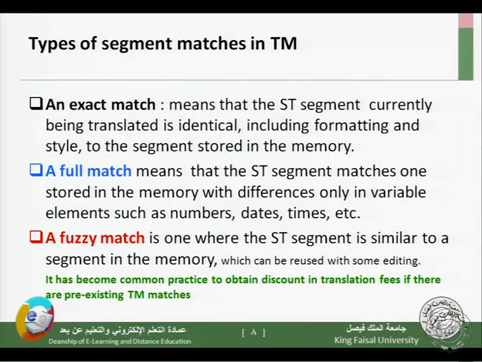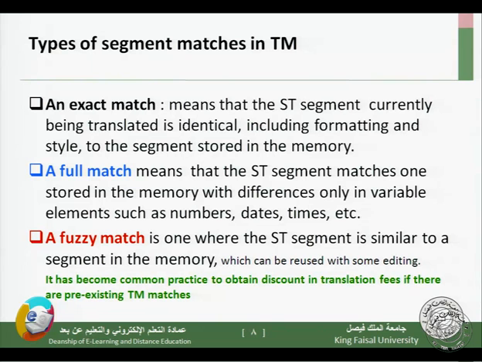Now there are three types of matches. We have an exact match. An exact match means that the ST segment from English, all right? You take the ST segment from English. You want to translate this. You put it in the TM.